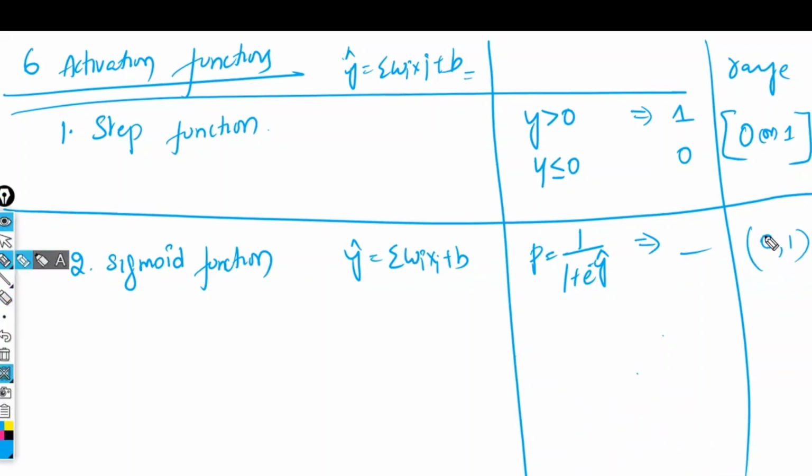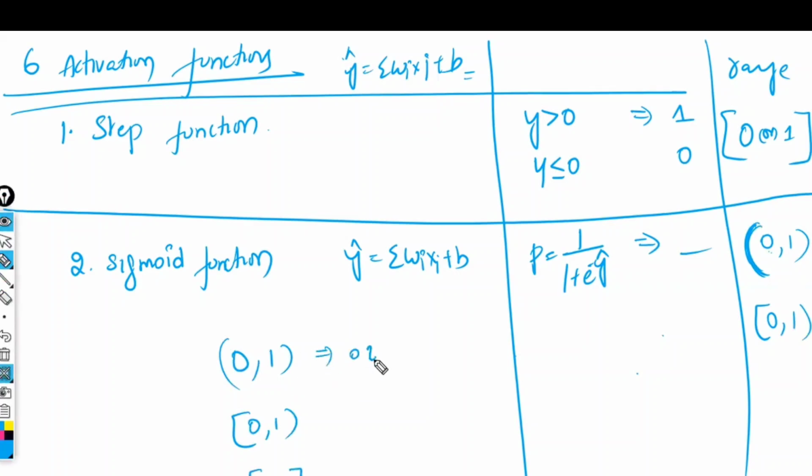Whatever brackets are there, if it is a normal bracket, that value is not included. If it is a square bracket, the value is included. What is the difference between these? In this case, 0 and 1 are both not included.